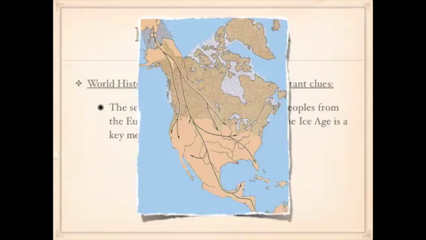So if you look at a map of Europe, you'd see how all the people are kind of crammed together in that same longitudinal line. So they're going to have the same kinds of plants and animals and diseases, whereas people in North and South America are going to have all different kinds of plants, diseases, different kinds of temperatures, different environments. So you're going to have a lot more diverse societies in North and South America. And they're going to be a lot different from the way the European societies will develop.